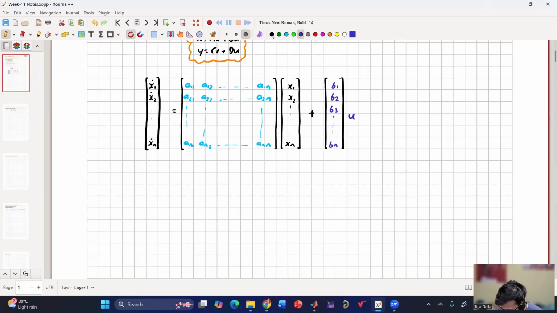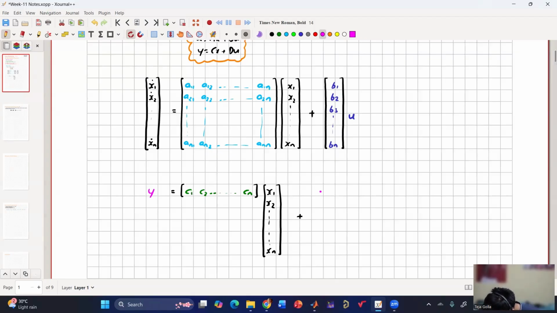So y is equal to, because it is a single output, the C matrix will be a row vector, C1 C2 up to Cn, multiplied by the state vector x1 x2 up to xn, plus d, which is just a scalar because u is also a single input.